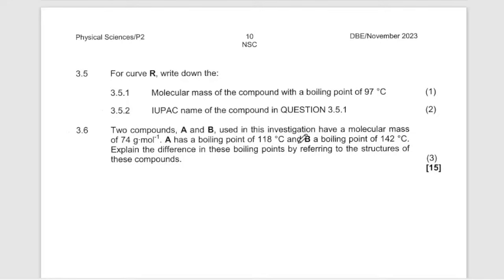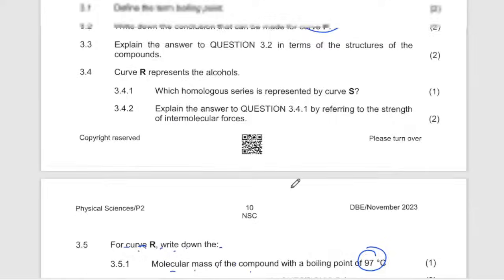Then we go to the next question, which is saying the molecular mass of the compound with a boiling point of 97. Okay, R is graph R, write down the molecular mass. We have to go back and find out where it's 97.